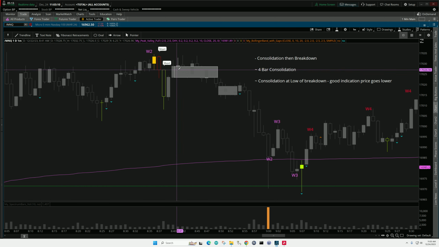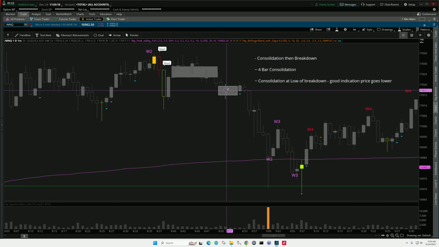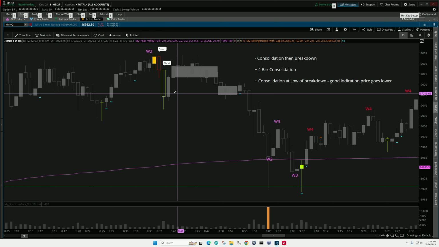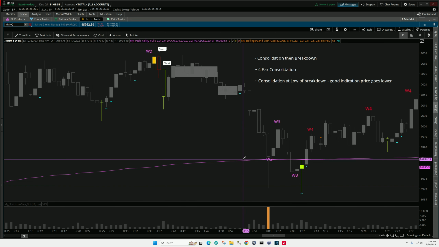So pivot high, consolidation, 4-bar breakdown, 4-bar consolidation, and then the continuous move. So when I talk about the 4-bar consolidation, I'm looking for 4 bars. You don't have to have a previous consolidation. It can simply be price breaks down, goes sideways for 4 candles. You can intersect all of them, and it continues the trend. You'll see that later on.